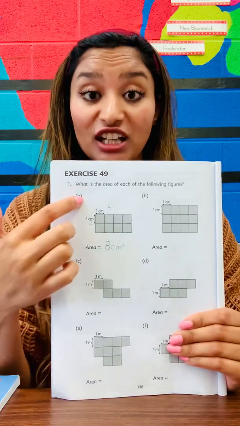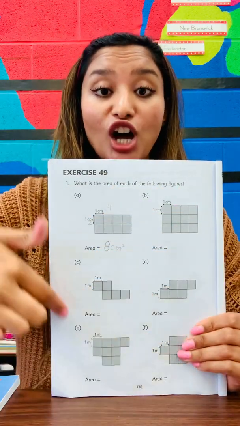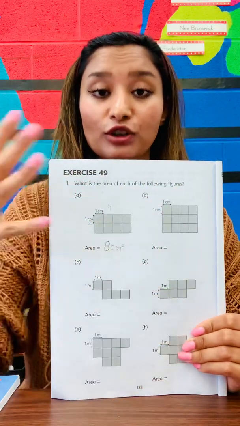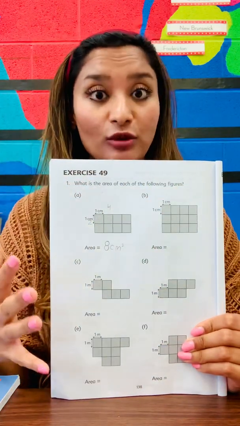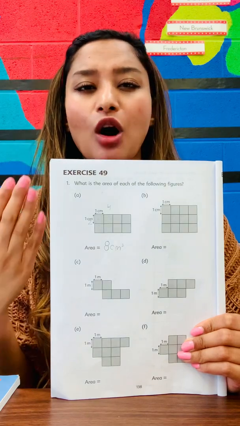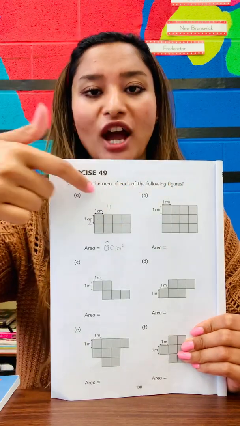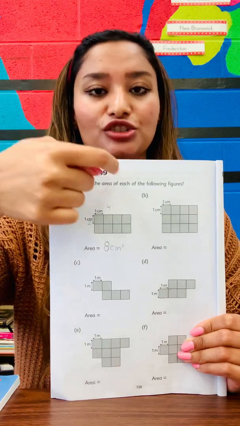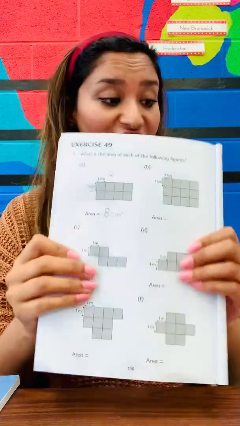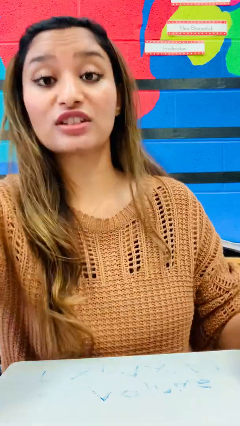Now imagine this whole page was full of squares and we had to find the area. Wouldn't it take us a long time to count each and every single square? That's why the quicker way to find area is to multiply our length and our width together.